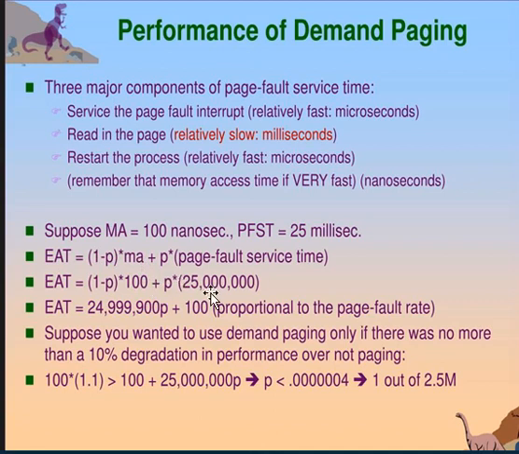So that we are getting at last some value. Suppose you wanted to use demand paging only if there was no more than a 10% degradation in performance over not paging. So this is about performance of demand paging.